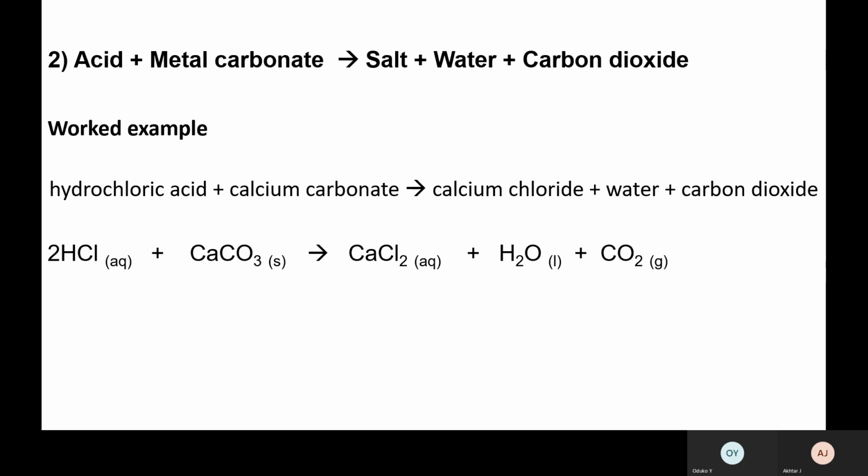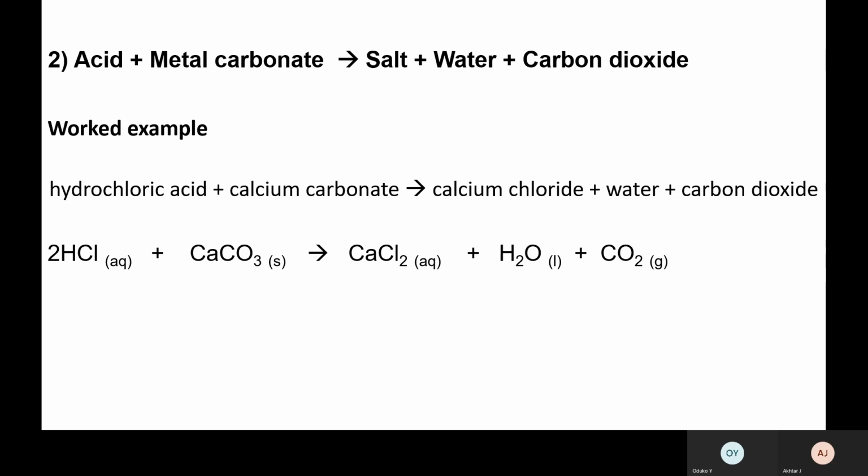Remember we said that they're insoluble in water, so we often use them as solid metal carbonate powders. So calcium carbonate should have had a state symbol S, and just note that carbon dioxide is a gas, so we should use G as the state symbol, and also just check that your equation is balanced.